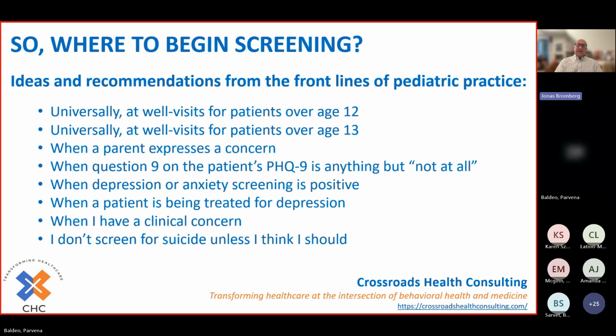And that's a spot that many people choose to begin this. We're going to talk about depression screening in the mix here in a little bit, and all sorts of ideas about when to do this, when I think there's a concern, when I think I should do this. Really not a very pragmatic or systematic way to do this. So let's go to the next slide.